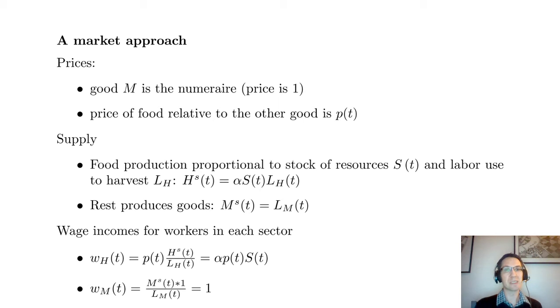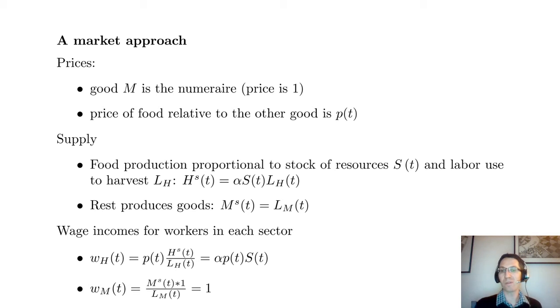How do we set wages? Wages are set competitively, and it's exactly like in the producer's theory. How much is a firm willing to pay for a factor? Well, it pays its real marginal productivity. So what's the real marginal productivity in the food sector?